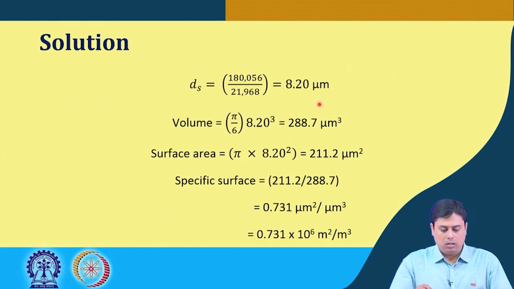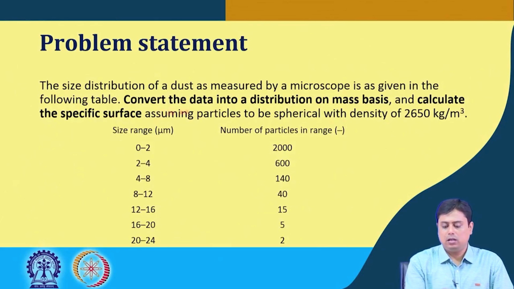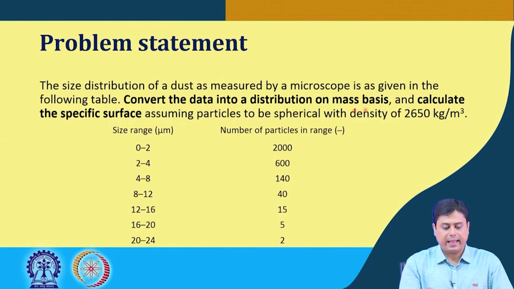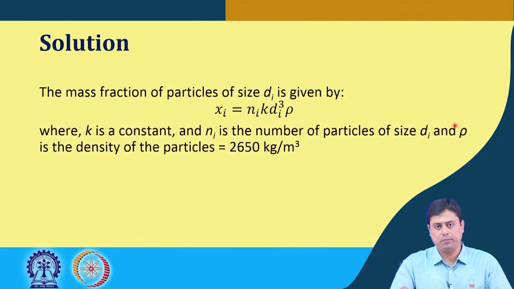Now the question was to calculate the specific surface assuming particles to be spherical with density 2650 kg per meter cube.